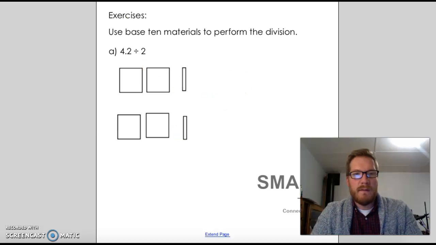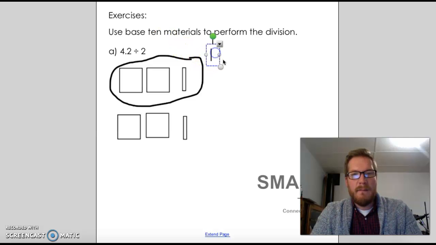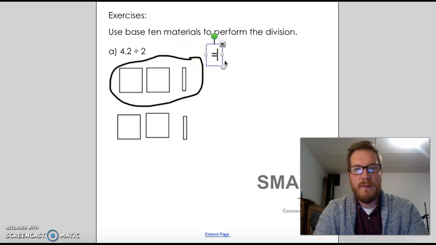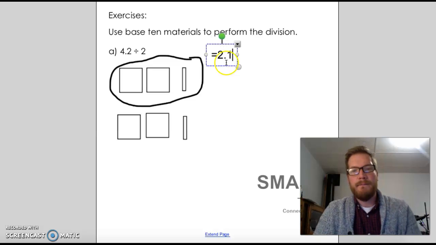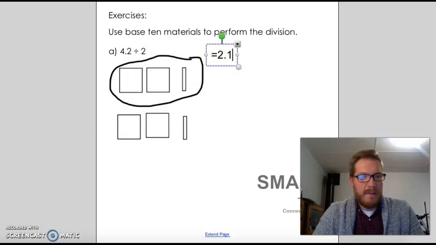And then I'll just draw a little circle around one of those groups. And then I can say that 4.2 divided by 2 is going to equal 2.1 because after I've done the reorganization. Okay. So if you would like, you can work on number 1 in the workbook.